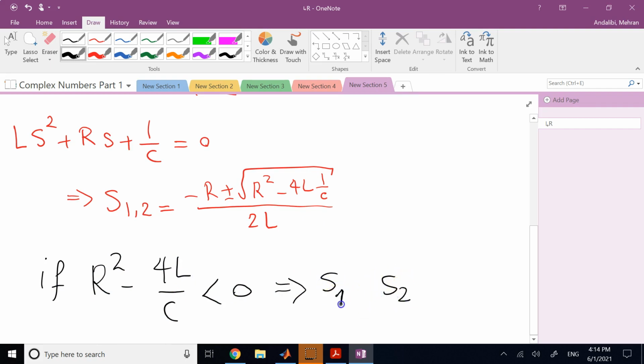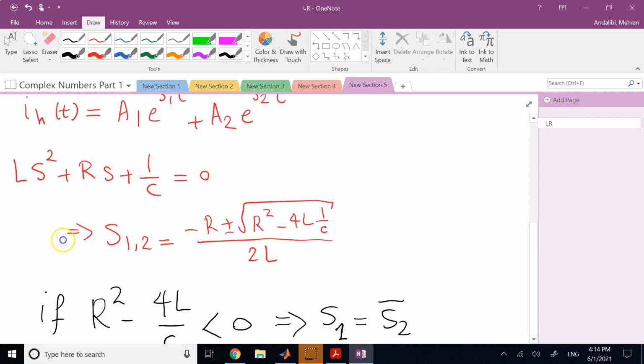Going to be complex numbers. But since this is like, let's say negative 9, the square root of negative 9 is plus minus 3 times i. So one of your roots is negative R plus 3i over 2L. The other one is negative R over 2L minus 3i over 2L. So clearly, if the quadratic equation has complex roots, the roots have to be what of each other? You're right, they have to be complex conjugate of each other.